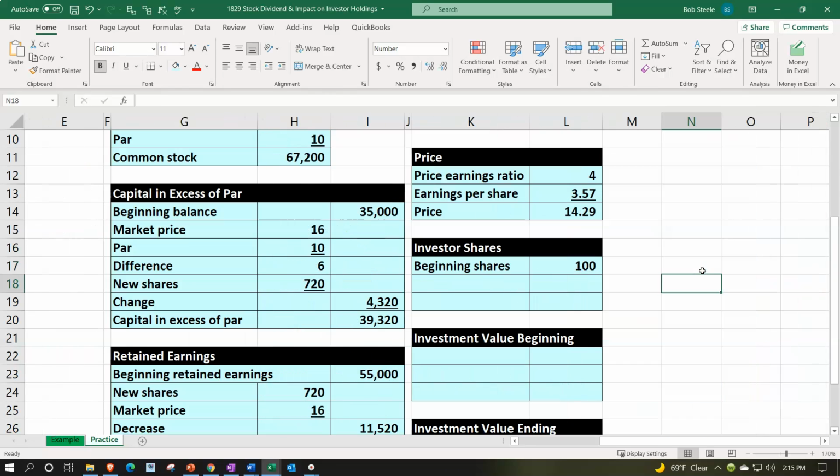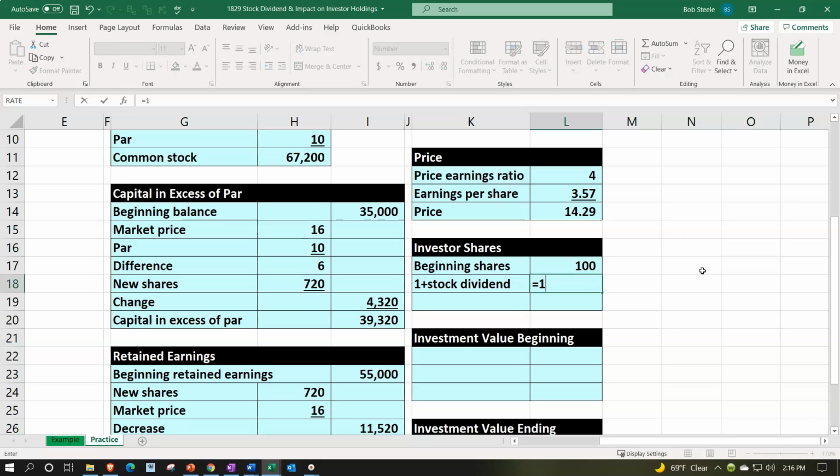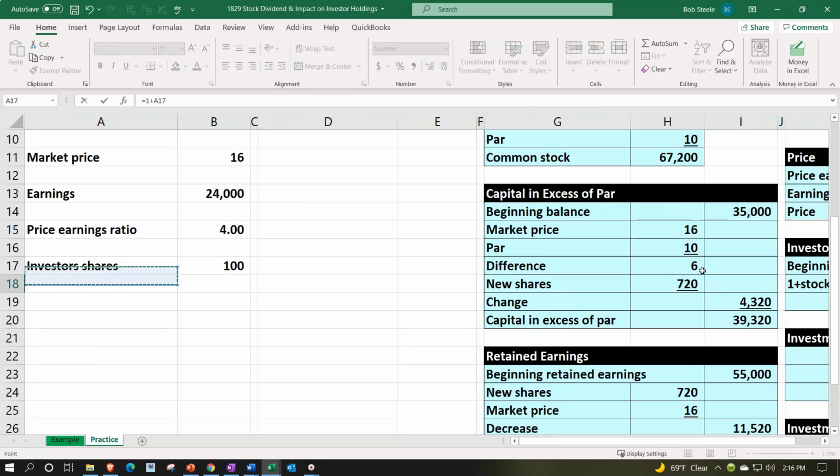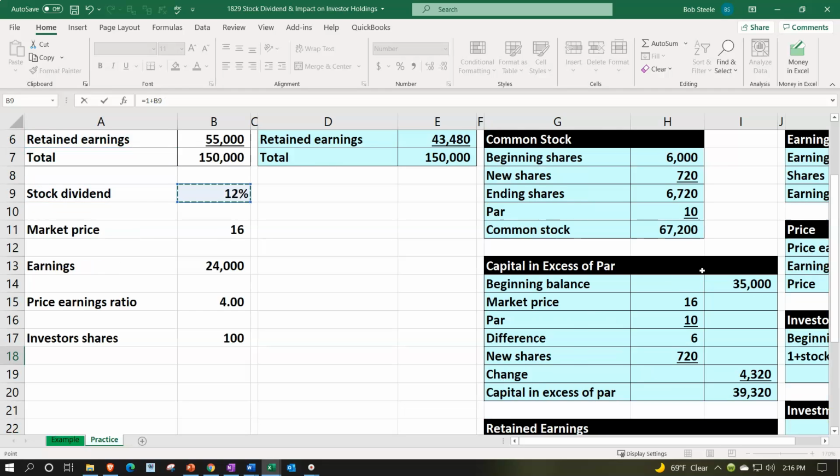What if they held on to 100 shares and they got a 12% stock dividend? That means their shares are going to go up by 12%, resulting in an ending value of 1 plus the stock dividend, or it goes up by 112%, in other words, which is going to be equal to 1 plus the stock dividend of 12.